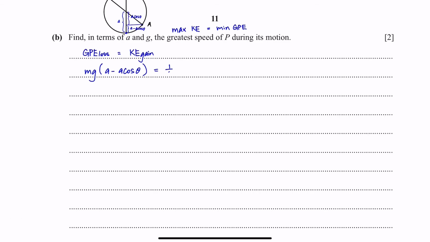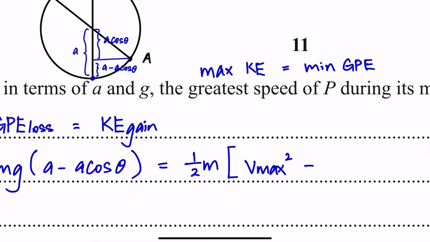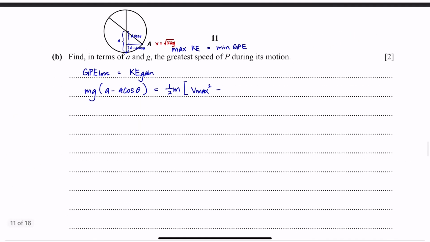So KE gain would be half m times the maximum speed squared, v max squared, minus at A, the speed is root 5ag, right? So we minus the square of root 5ag.